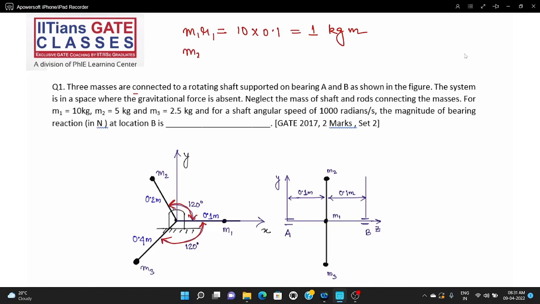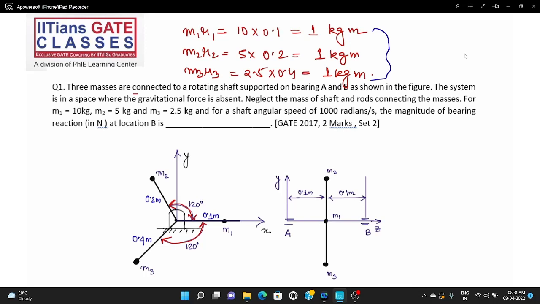M2R2 is 5 into 0.2, which is also 1 kg meter. M3R3 is 2.5 into 0.4, which is also equal to 1 kg meter. So you can see the three forces are equal.